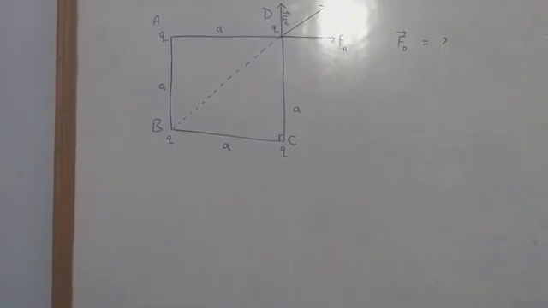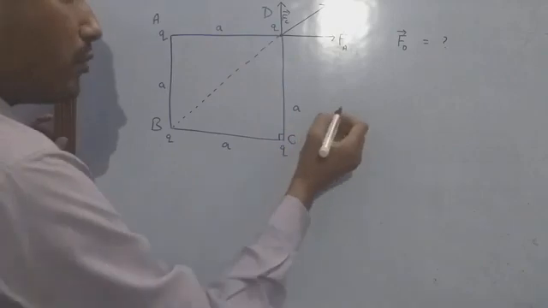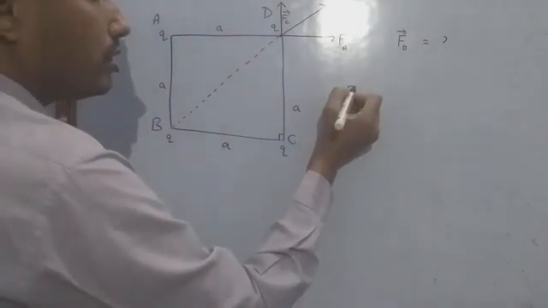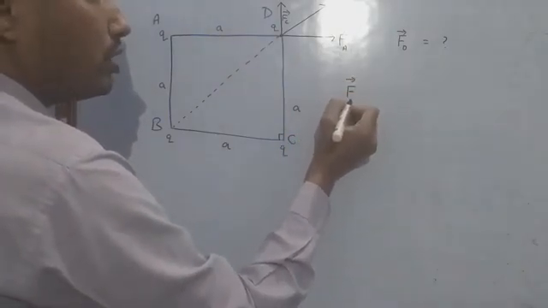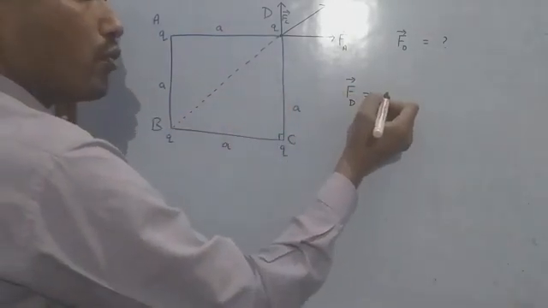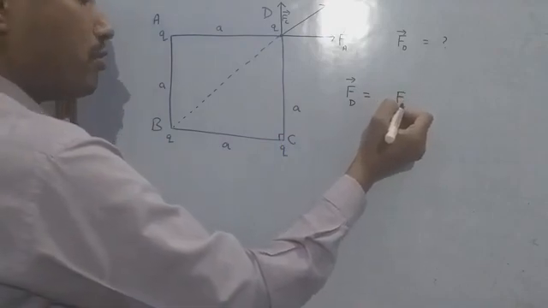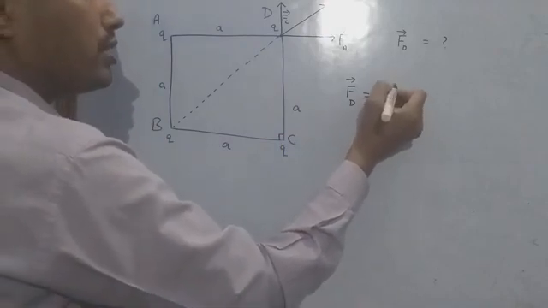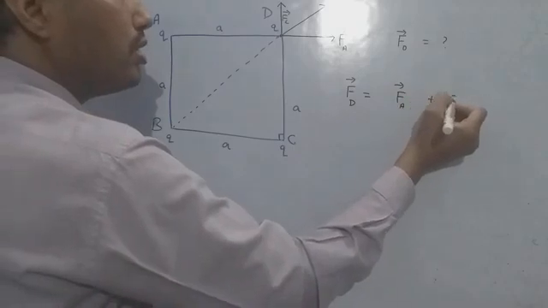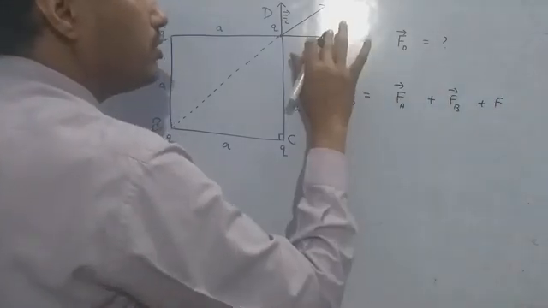You can see this figure. Now the net force F on the charge at D, students, it is given by which formula? From the principle of superposition, this will be given as the sum of the individual forces, that is Fa vector plus Fb vector plus Fc vector.